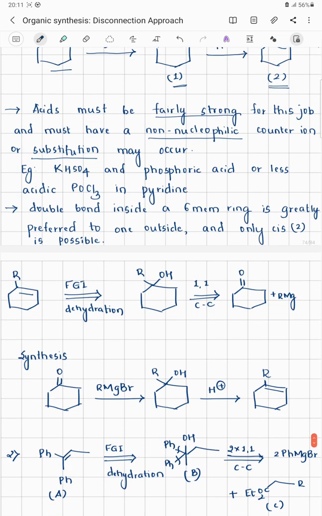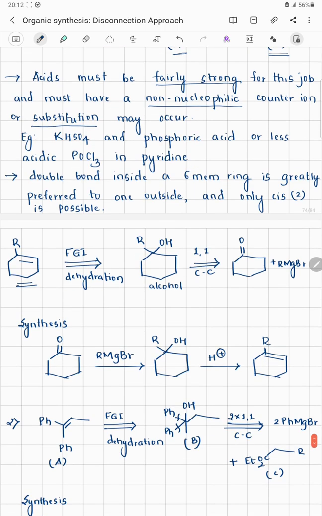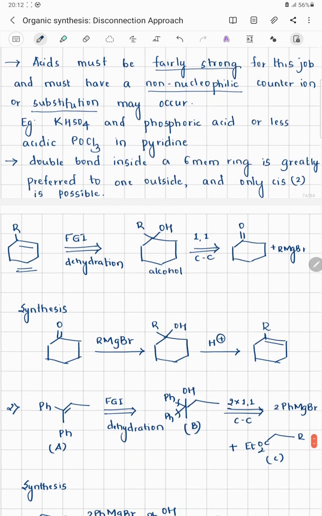If I want to do the retrosynthetic analysis of this cyclohexene system, under functional group interconversion I can convert it into its respective alcohol. If I do 1,1-C-X disconnection, I will get my starting material or synthon as cyclohexanone and RMgBr as the Grignard reagent, which can be my synthetic equivalent.